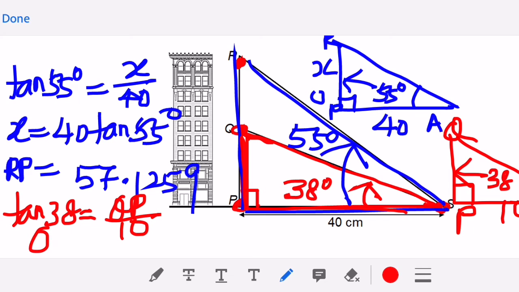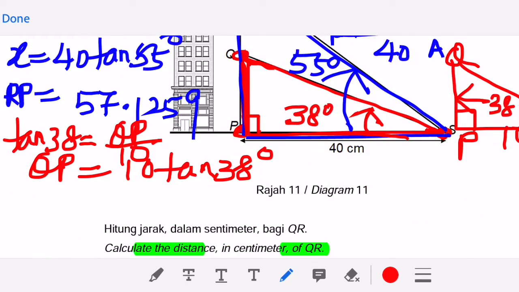That means QP is 10 times tangent 38 degrees. So we get the answer, QP is 7.8129.